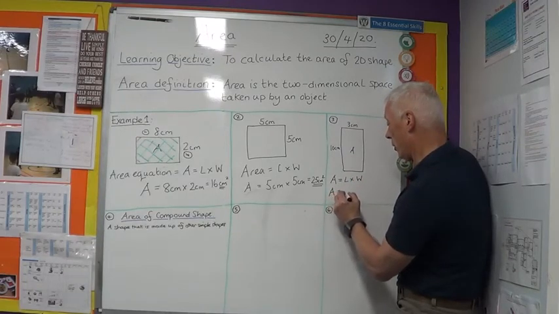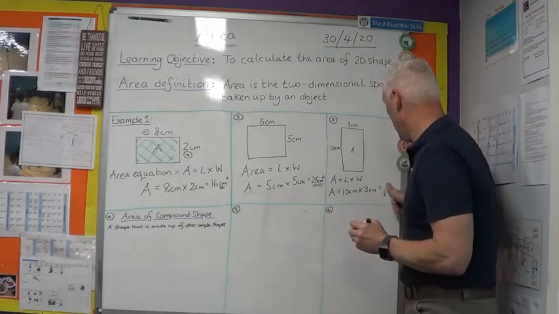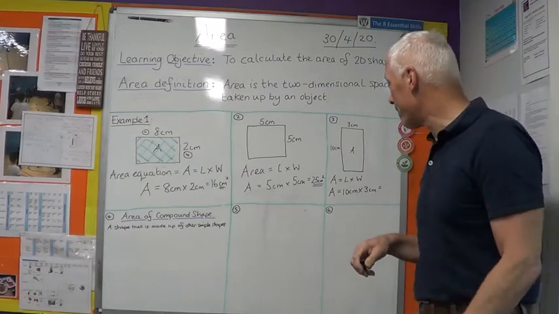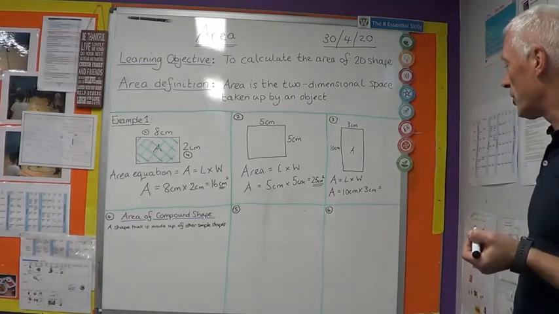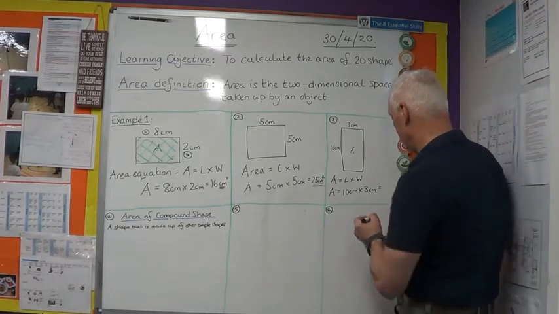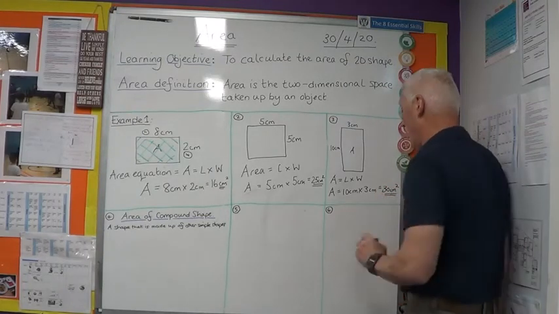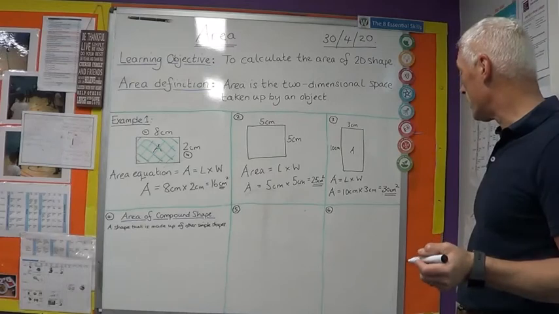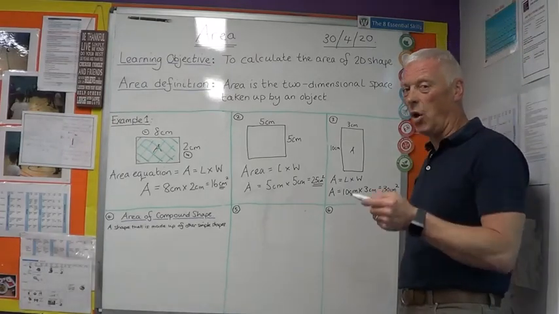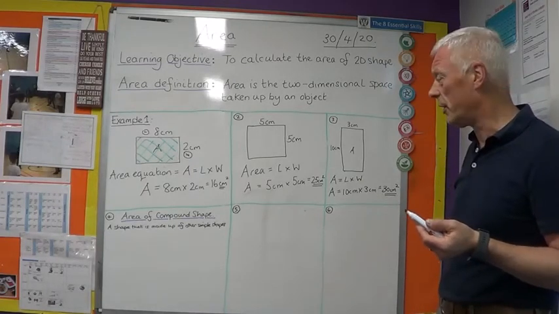So area equals 10 centimetres times 3 centimetres. Again, I'll give you 10 seconds to work that out. 10 centimetres times 3 centimetres, 10 times 3. I'm sure you've all got that, because the answer is 30 centimetres squared. If I've gone too fast, pause, and you'll be able to stop for a little bit longer than the 10 seconds that I've given you.